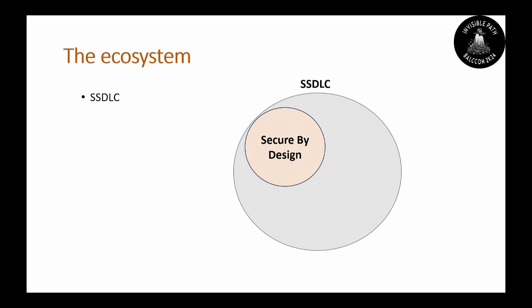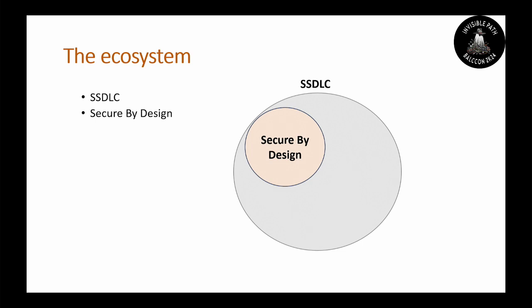We have the secure software development lifecycle, which includes everything, and one of the necessary parts is secure by design, all the related practices once you start architecting. You have the secure architecture review, and you have the infrastructure as well.